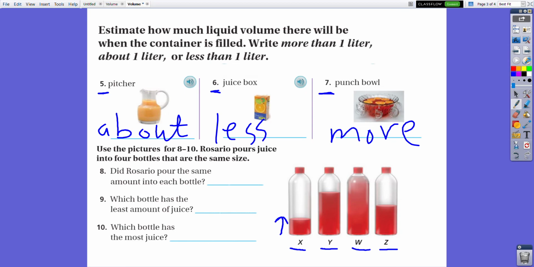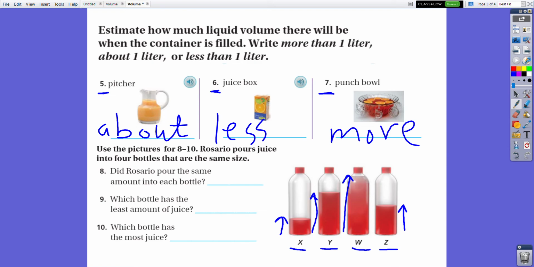Look at Y. It holds more than X. W is filled with liquid, and Z is filled until the middle of the bottle. Okay, now all of them have the same size, but the amount of liquid that each one holds is different.